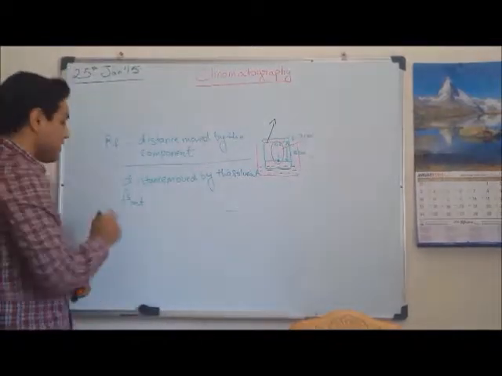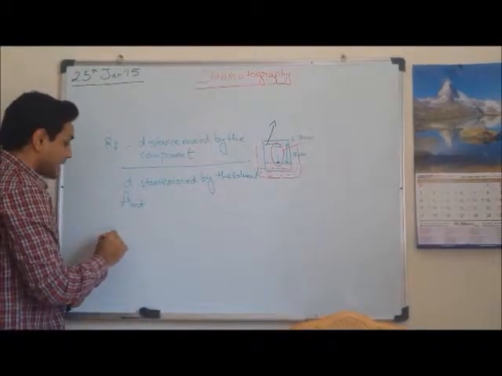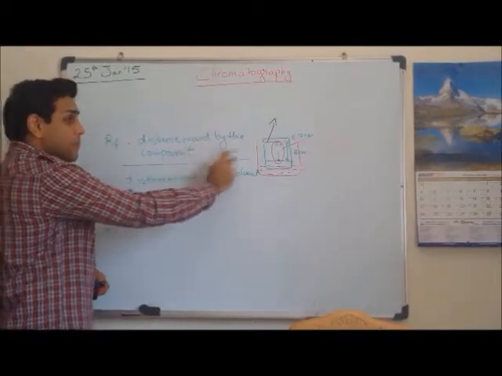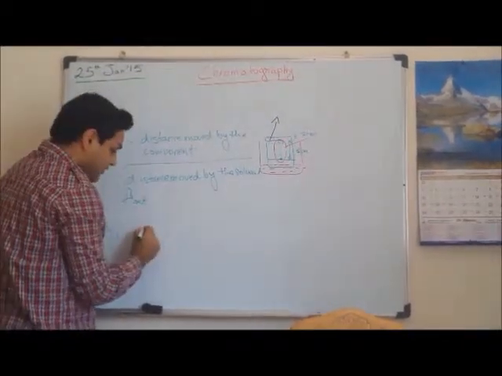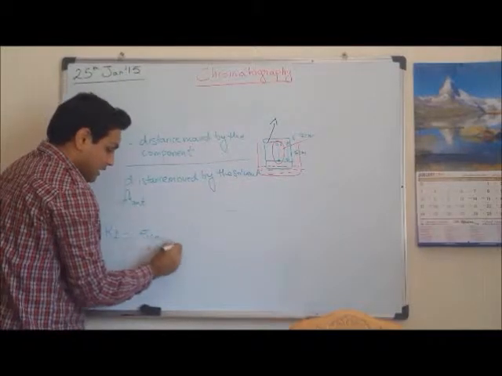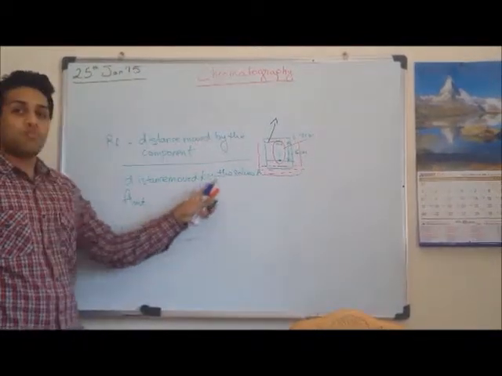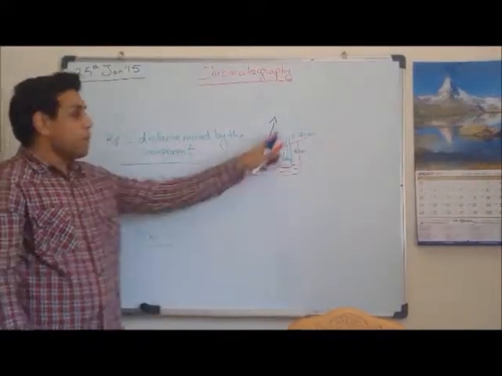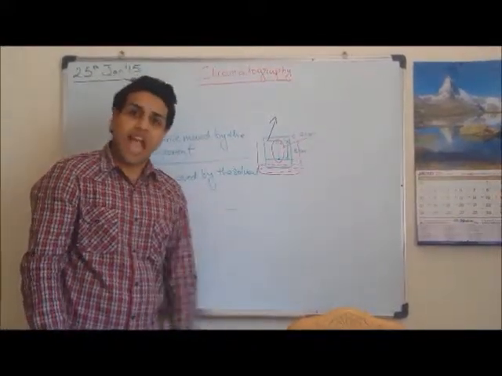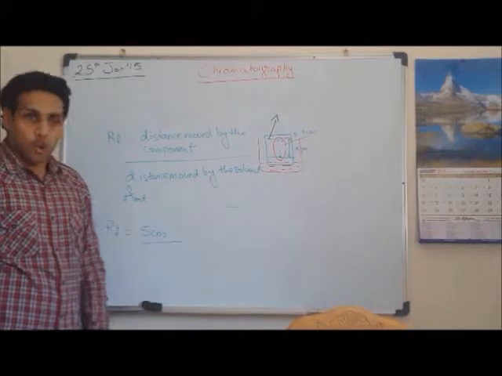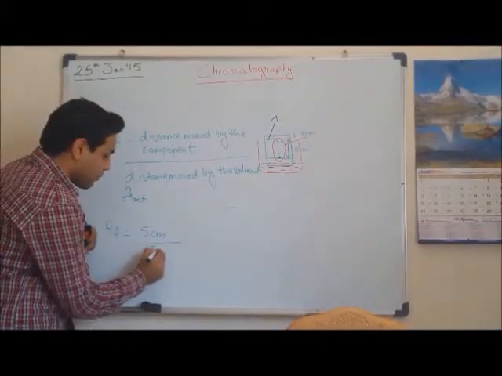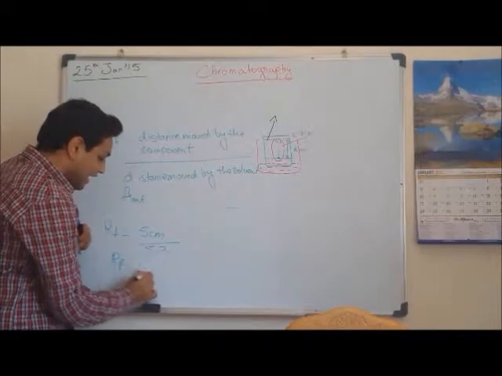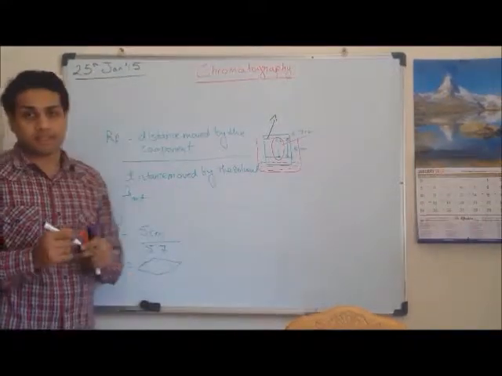When we substitute the values, RF is equal to the distance moved by the component, that is our A, 5 centimeters, divided by the distance moved by the solvent front, which is 5.7 centimeters. Both results need to be taken accurately using your ruler. We can use a calculator and write our final answer.